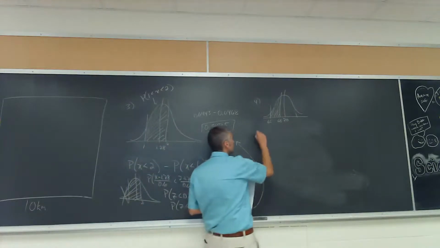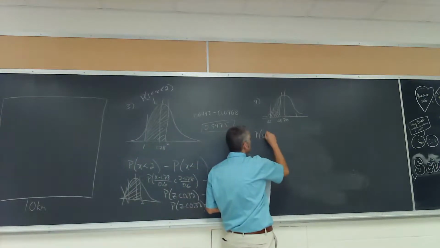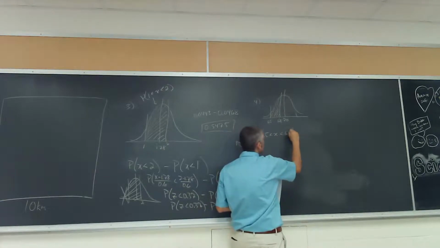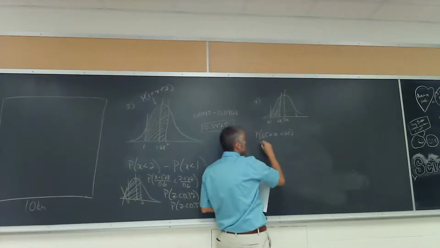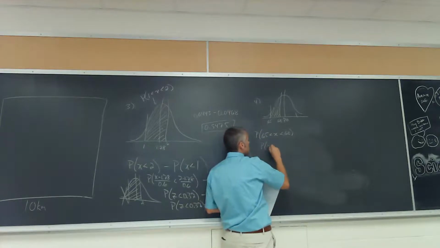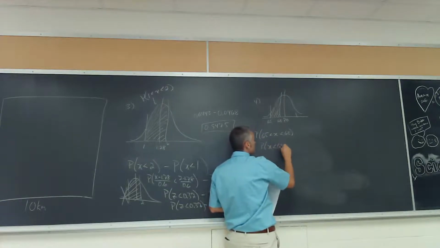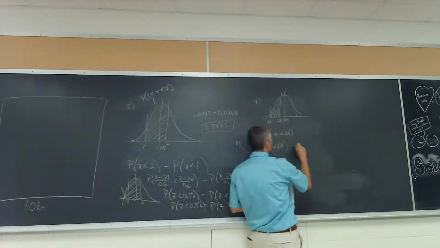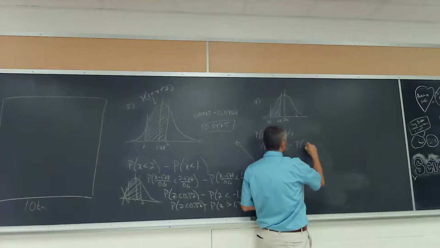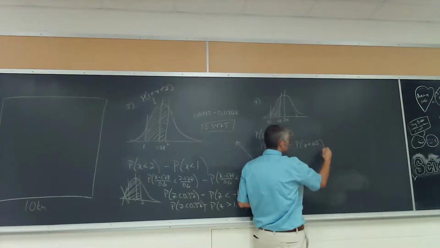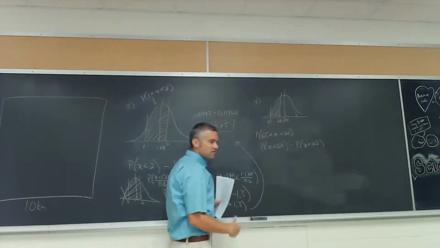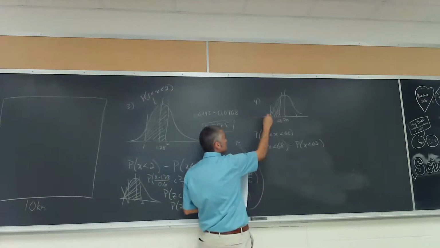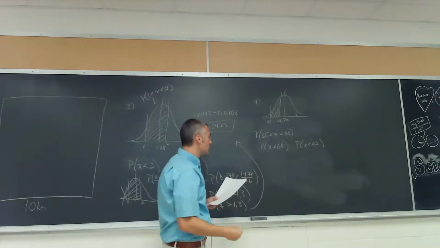So we want to know the probability that our x is greater than 65 but less than 68. So we can split it up and say we want to figure out the entire area to the left of 68, and then subtract out the area to the left of 65. That's kind of what we're doing. Same idea. We're going to do everything to the left, and then subtract out that part that we don't need.